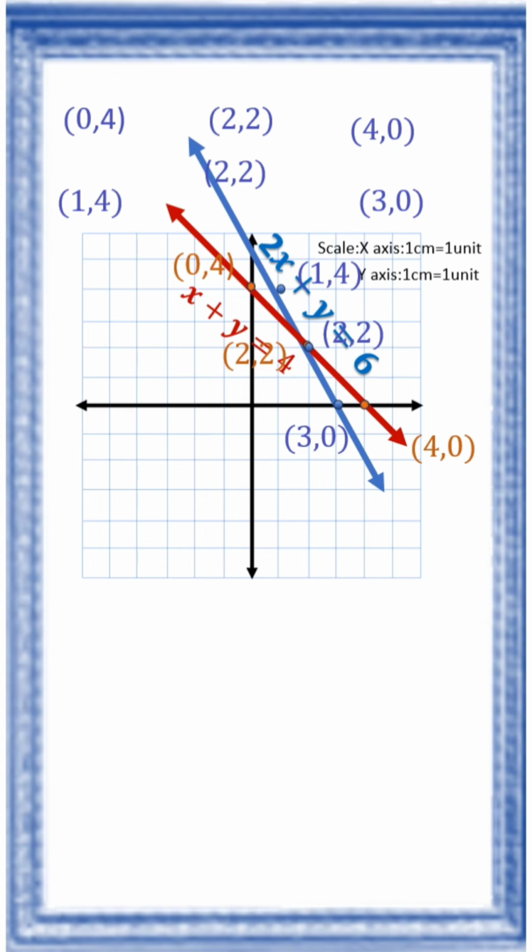These points coincide at (2, 2). So x is equal to 2 and y is equal to 2 is the solution of the equation.